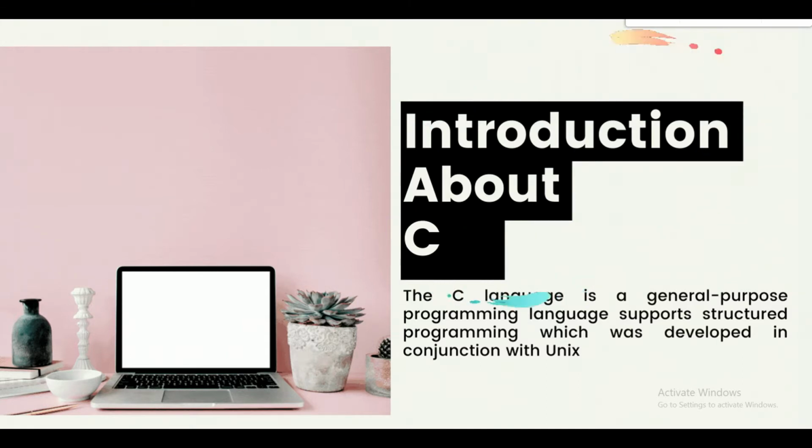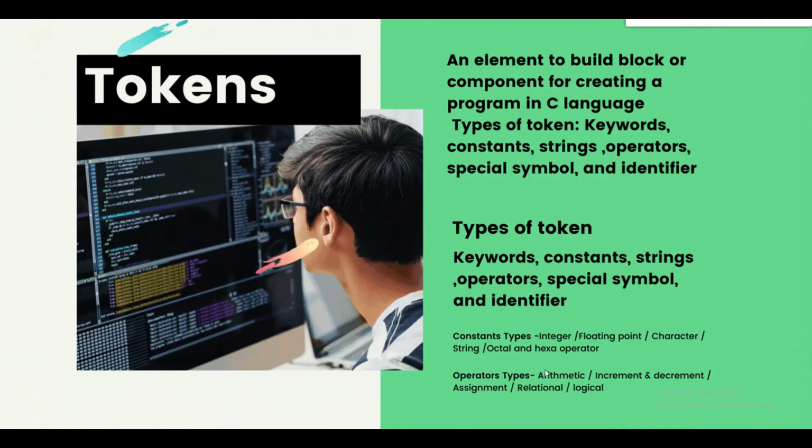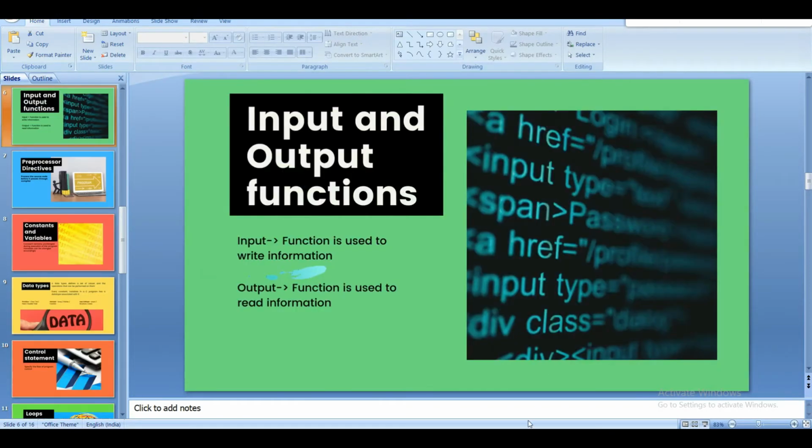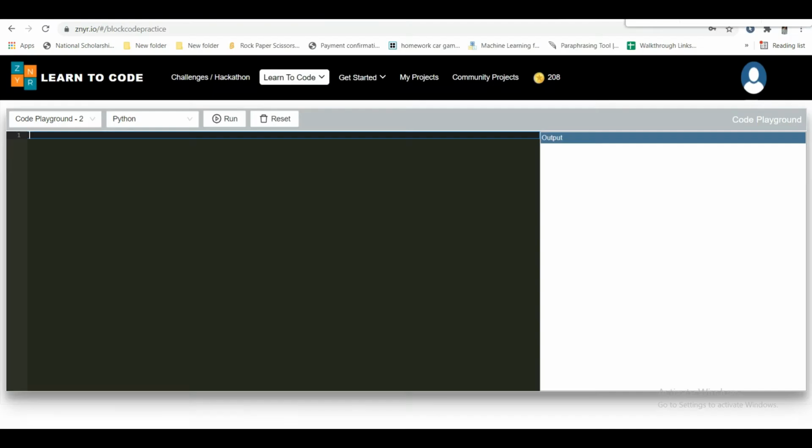Now I'll show you the structure of a C program on ZNYR.io, which is the official site for the compiler. This is what I was talking about, ZNYR.io, the official site for using the online compiler.